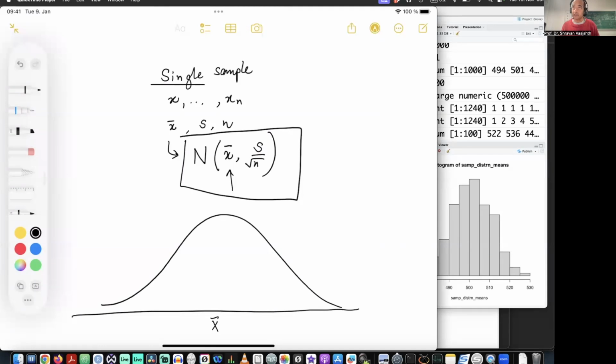So this is an amazing thing because with a single sample, you can describe how variable the sample mean would be if you were to rerun the experiment over and over again. But you're never going to rerun the experiment over and over again, right? Normally, when we run a study, that's it. We are done with that study.